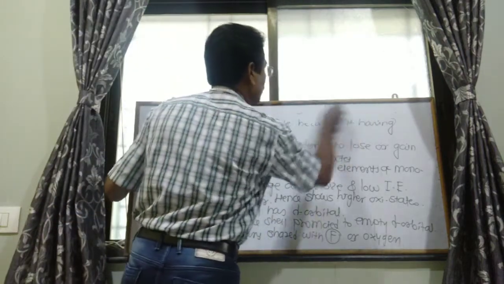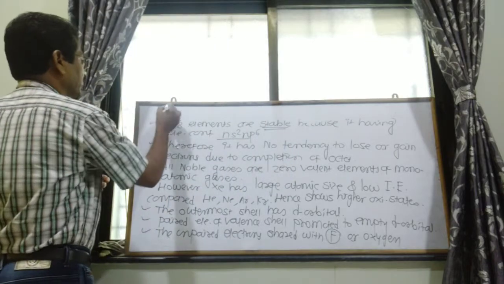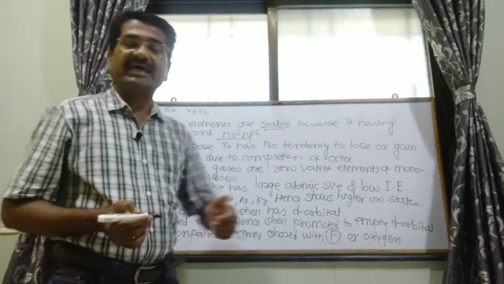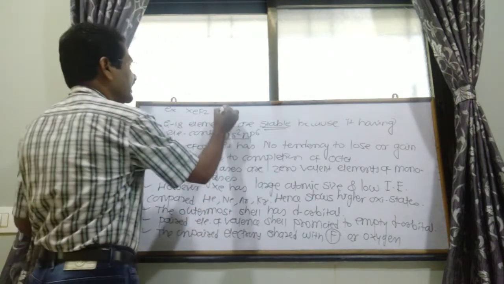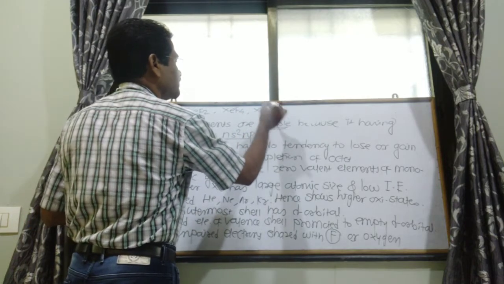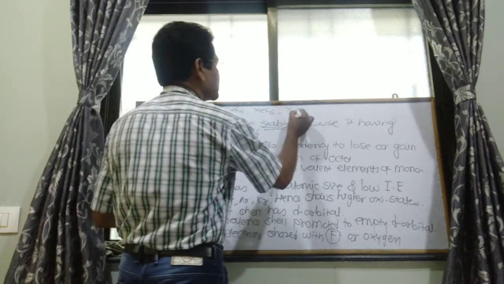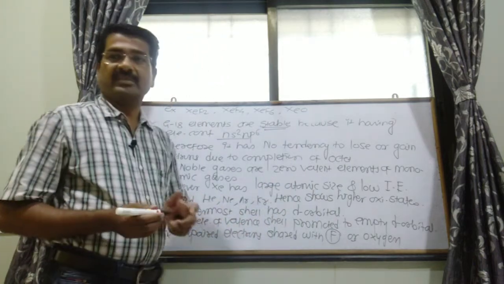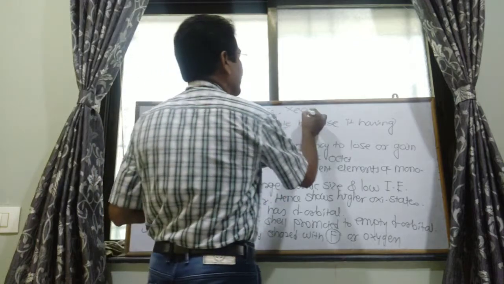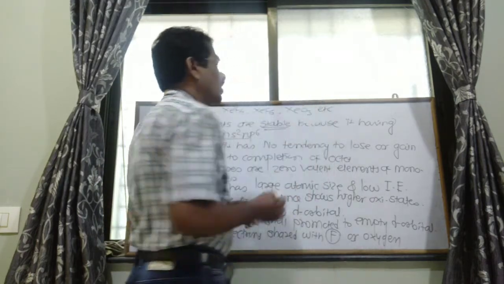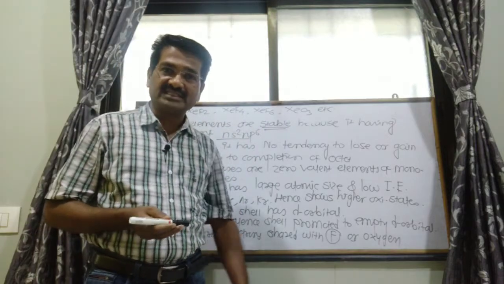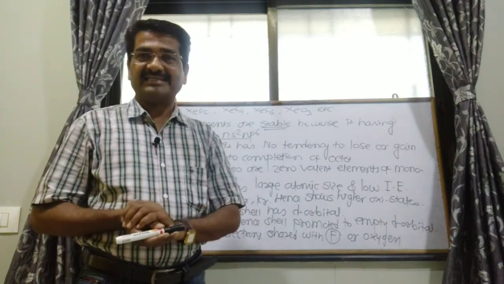Which are those compounds? For example, XeF2 xenon difluoride, XeF4, XeF6, XeO2 or XeO3, etc. All these compounds with higher oxidation states can form only with xenon, in an exceptional case.